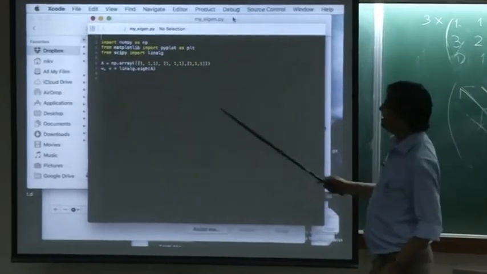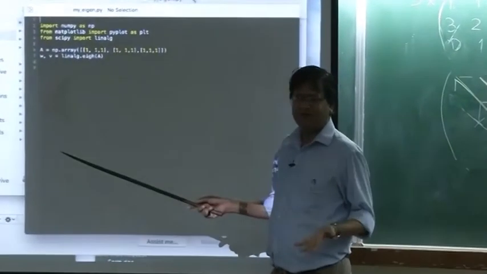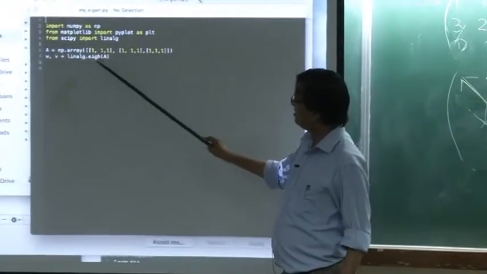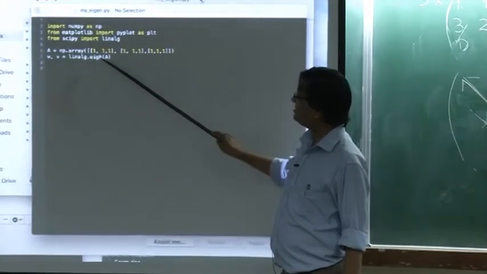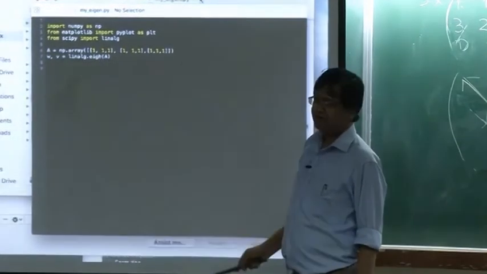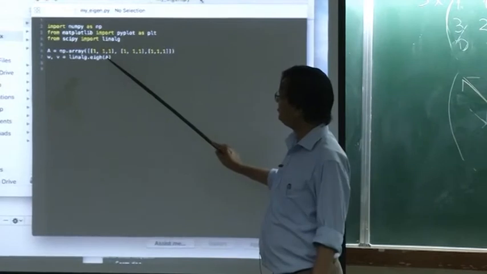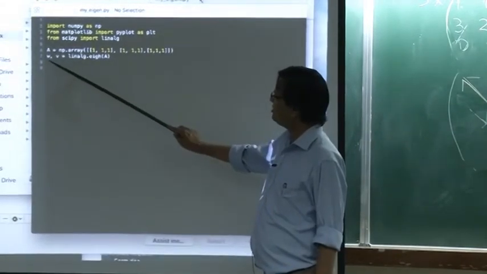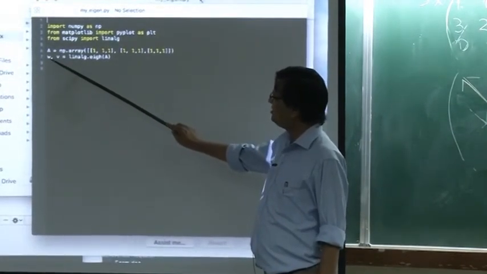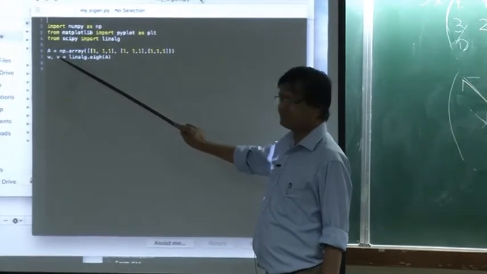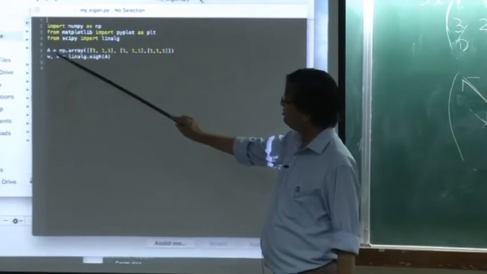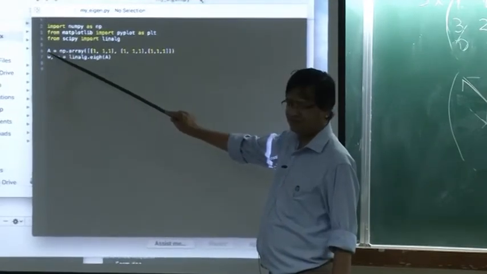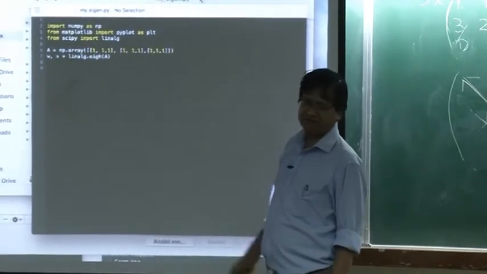If it is Hermitian, it will be simpler, the computer will do less work. This h is part of the linear algebra package, and h is for Hermitian. You can put any matrix A. W will be, I believe, the eigenvalues, and this is the eigenvectors. We will just check. If we run it, there will be 3 eigenvalues and 3 eigenvectors.